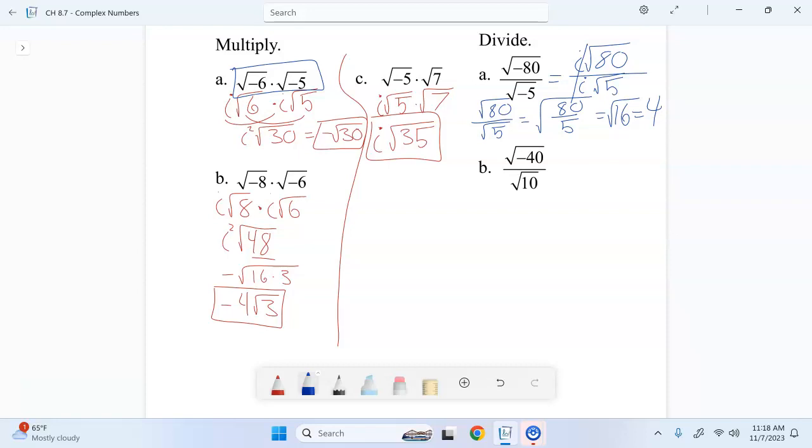Square root of negative 40, what am I going to do with it? Okay. I root 40 over root 10. Okay, now what? Yes, the i will stay. Yep, we can do that. I square root of 40 over 10.